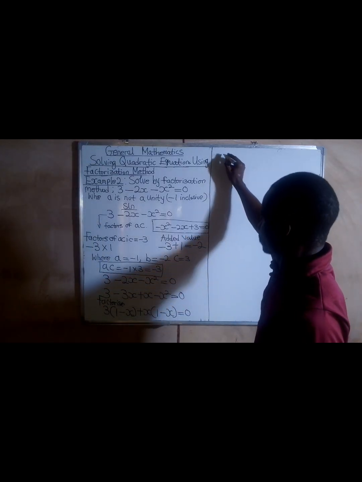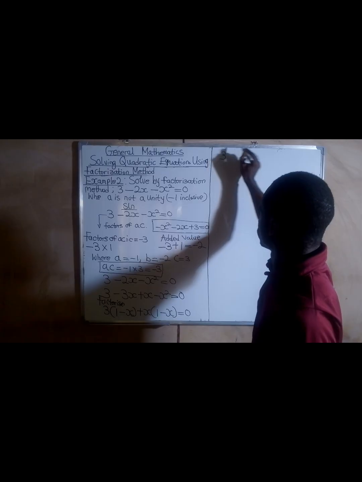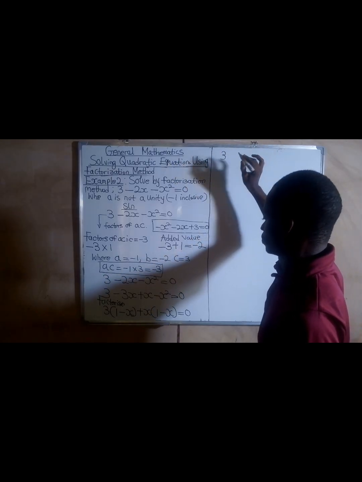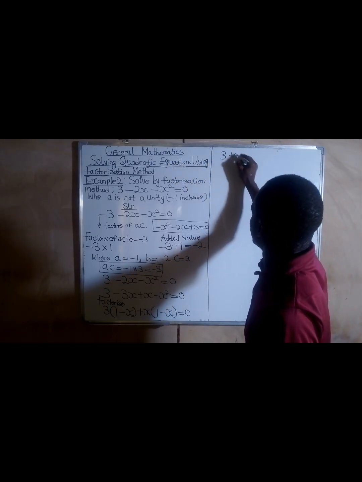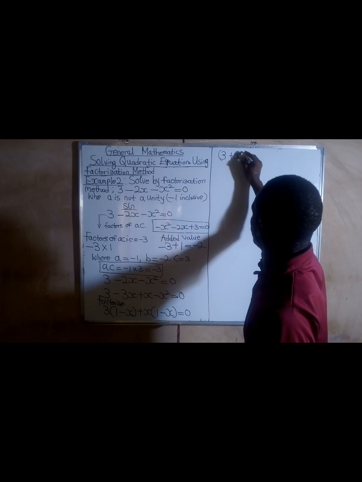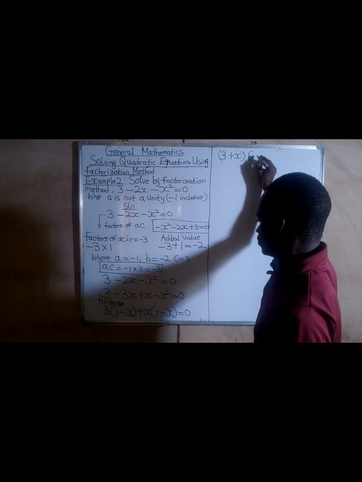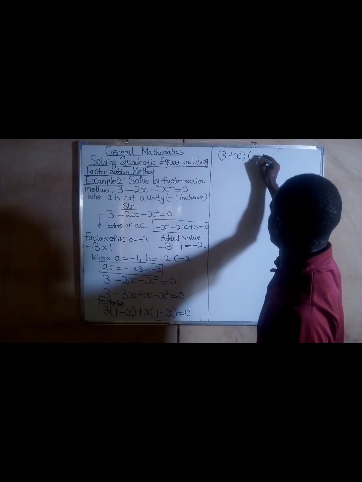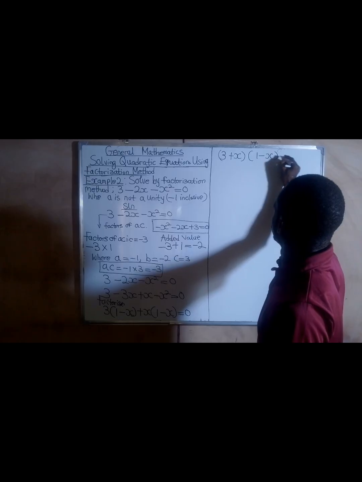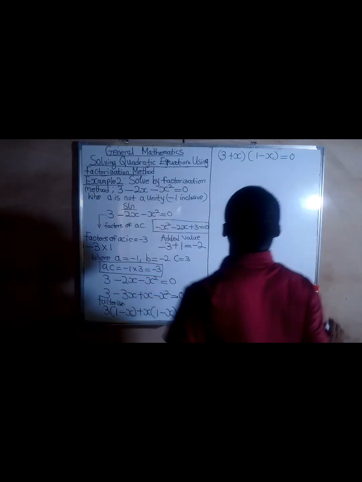So I will write 3 plus x and brackets 1 minus x equal to 0.